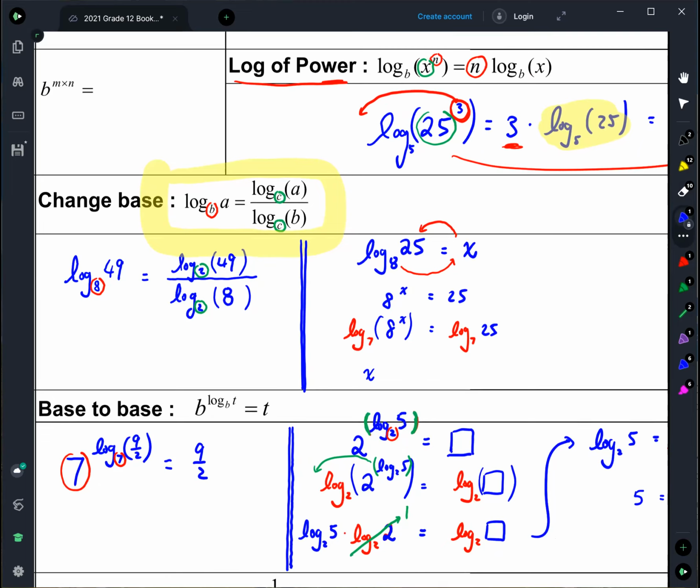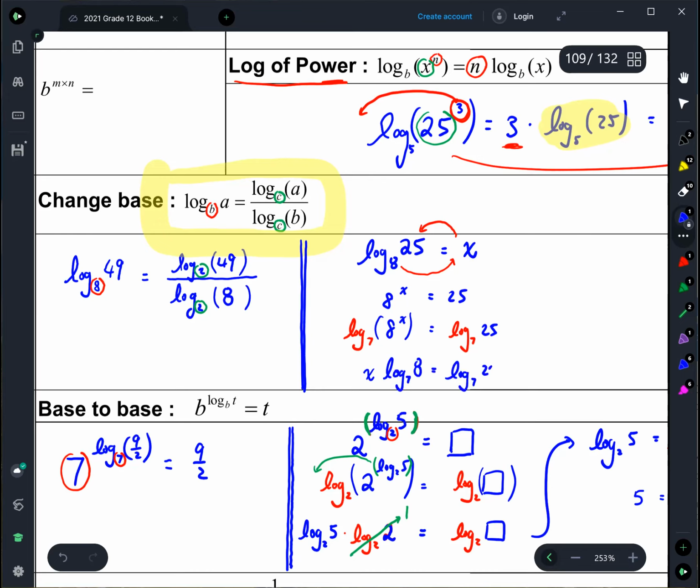If you like, you can choose log base 5. Last question we chose 2 because the question has a base of 2 that we want to use. So you choose it depending on the scenario. Here I just chose a random number. I bring the x down, and it'll be x log base 7 of 8 equals log base 7 of 25.